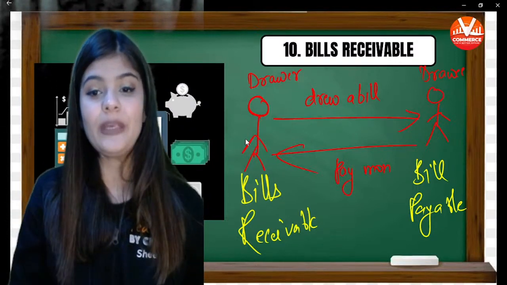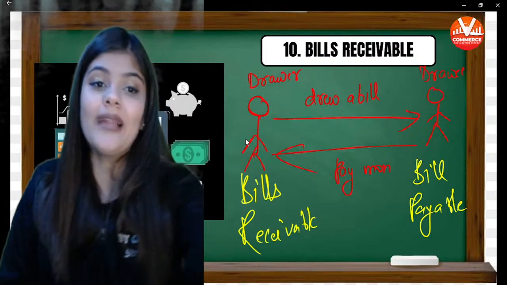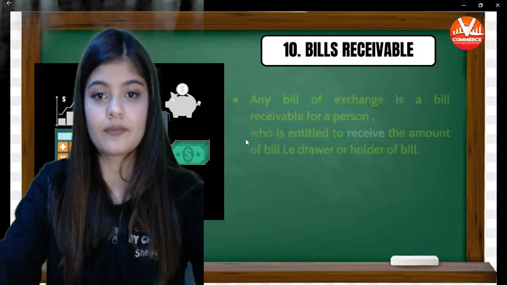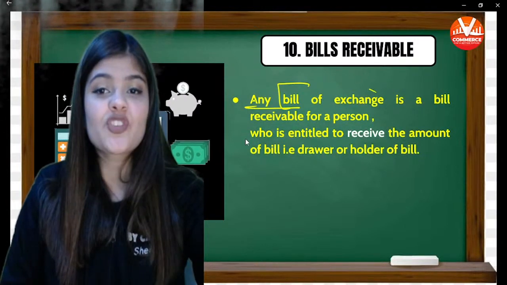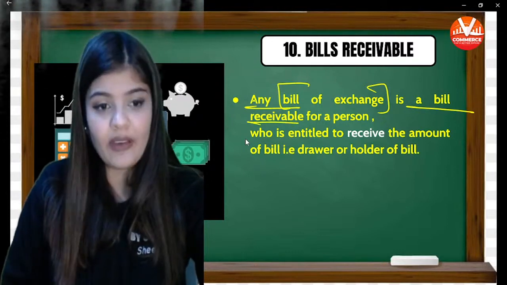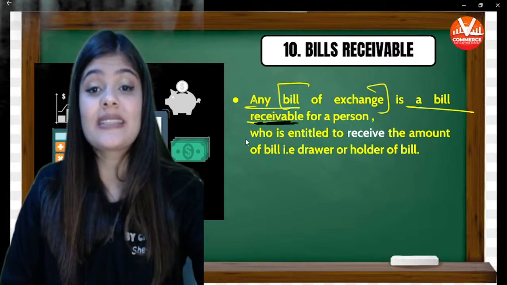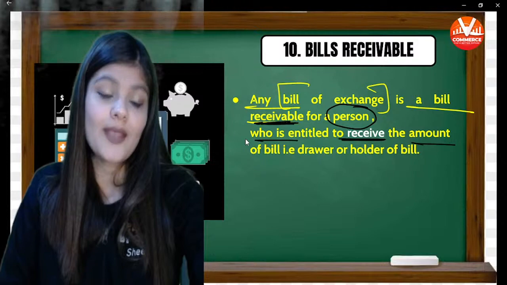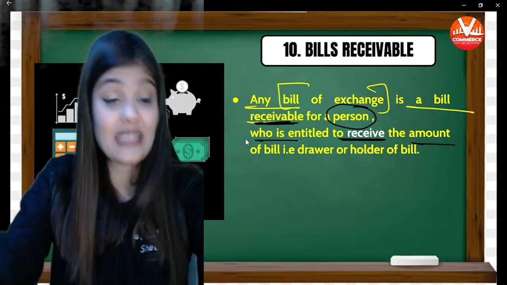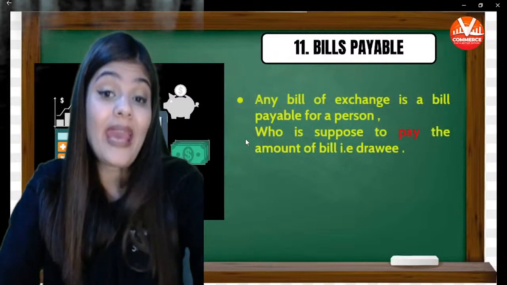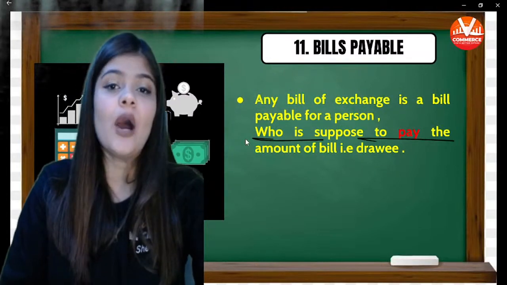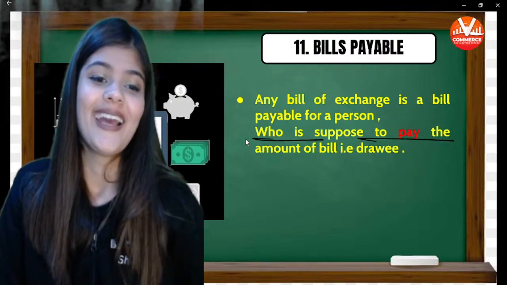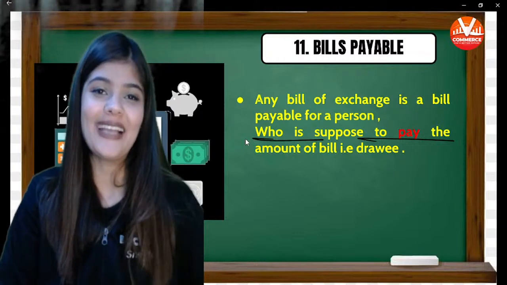BR, bills receivable. BP, bills payable. So let's see the definitions now. Any bill of exchange is a bills receivable for a person who will receive the amount. So if you will receive the amount, it is bills receivable. If you are supposed to pay the amount, it is bills payable. Not blood pressure, it is bills payable here.